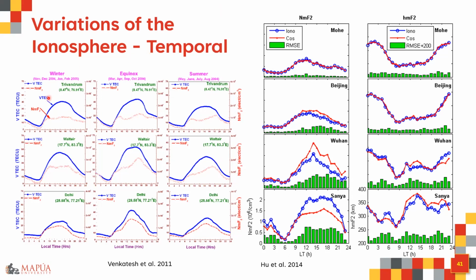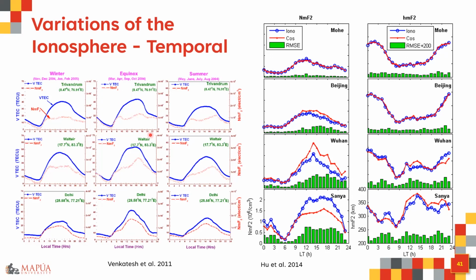Of course, you can see the diurnal variation of the vertical TEC and your NmF2. They follow the same trend as this. During daytime, there is higher ionization. During nighttime, you have lower ionization.